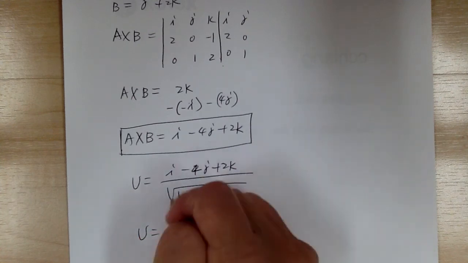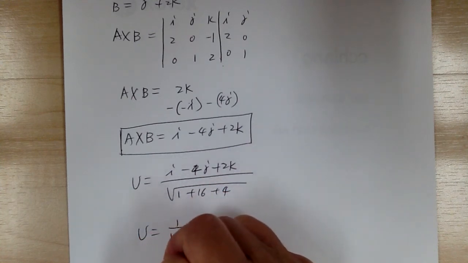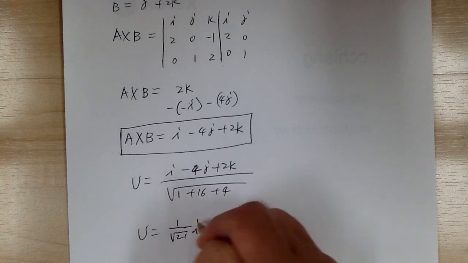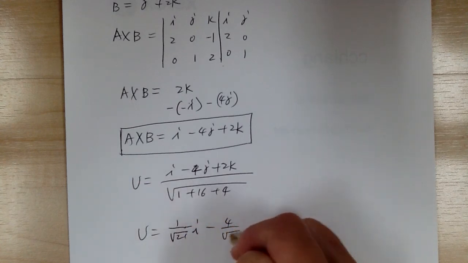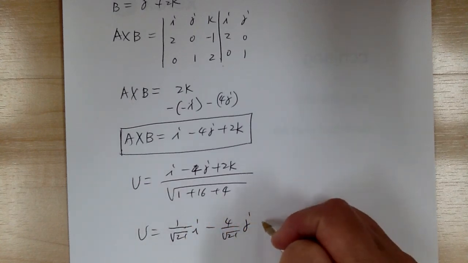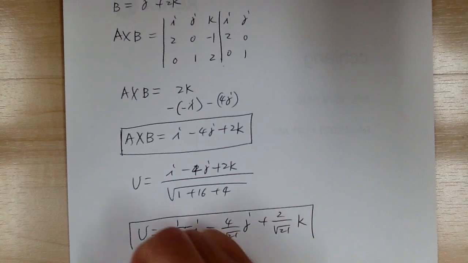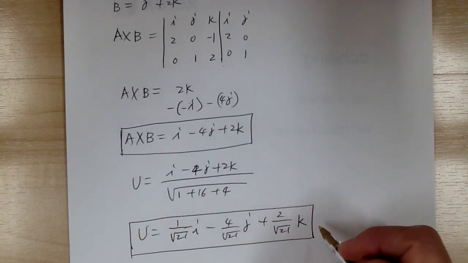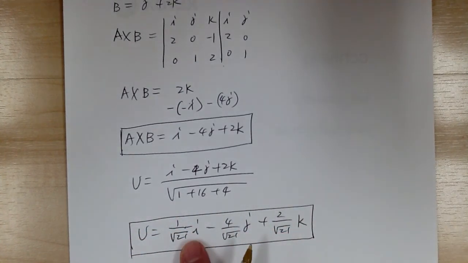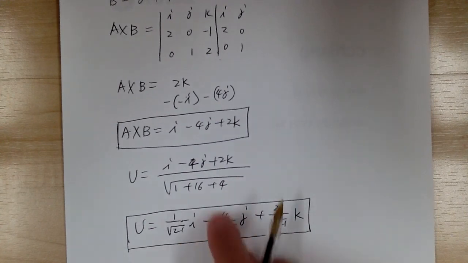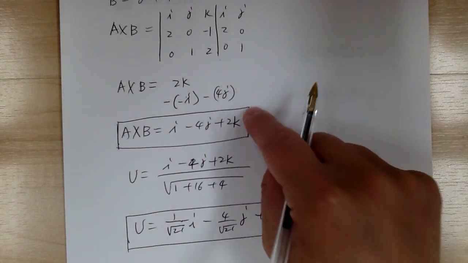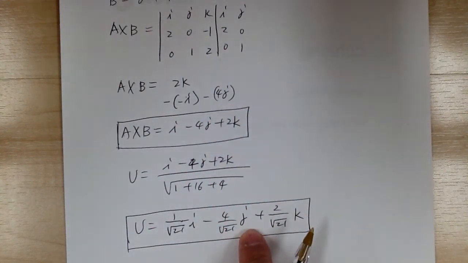So unit vector, this would be 21, so it would be 1 over square root of 21 i minus 4 over square root of 21 j plus 2 over square root of 21 k. Again, unit vector means length of 1. So the vectors have the same direction, but these are length of 1.